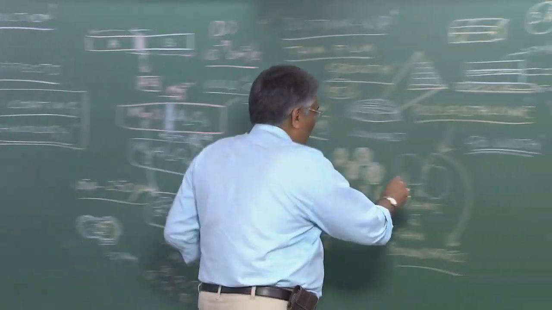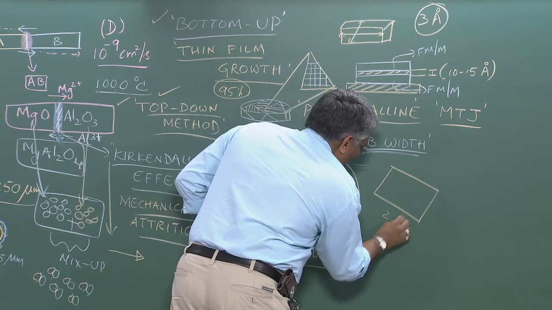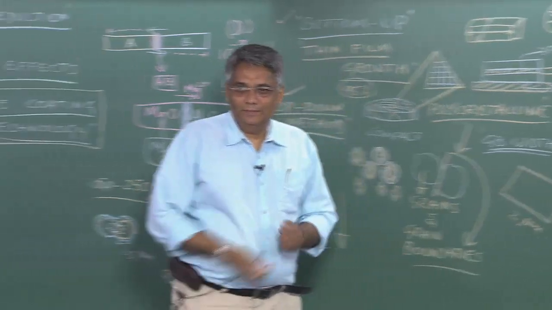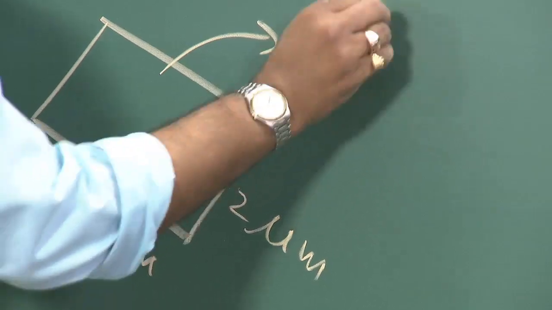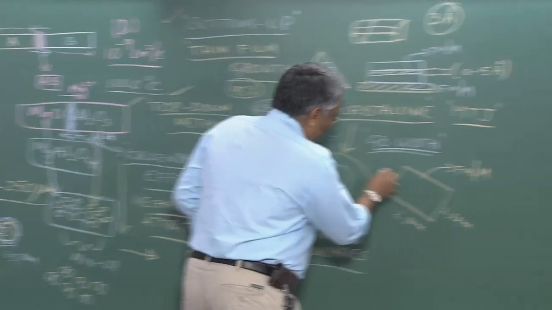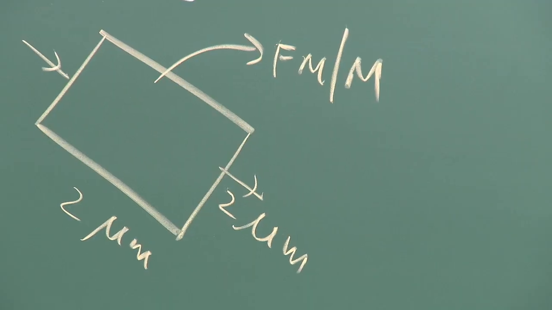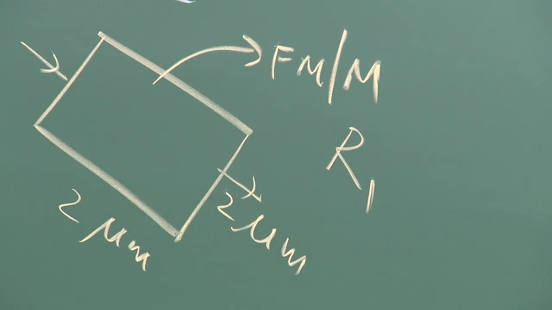Look, if I deposit a thin film of say 2 micron on a 2 micron by 2 micron area, okay. So, this is say a ferromagnetic metallic thin film, and when I am passing a current through this, it's metallic, it has certain resistance, right. You read a resistance value of R1.